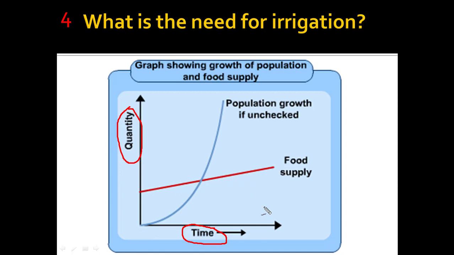This supply-demand curve shows there is a high demand for food, but due to the increase in population, the food supply always remains less. As you know from the theory of Malthus, in a developing country population increases at a geometric rate while food supply or resources increase at an arithmetic rate, so there will definitely be a disparity.